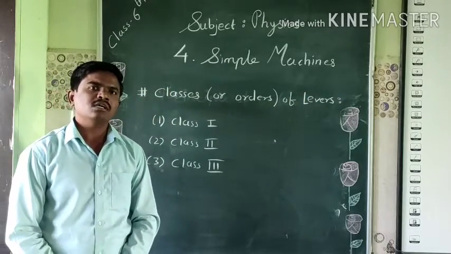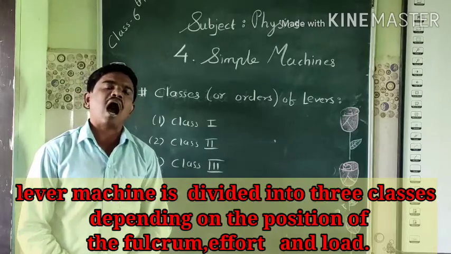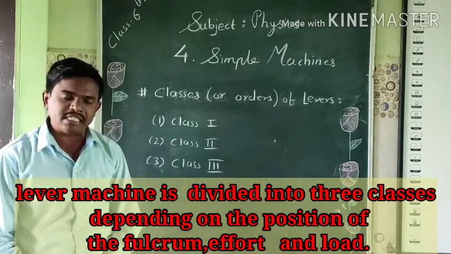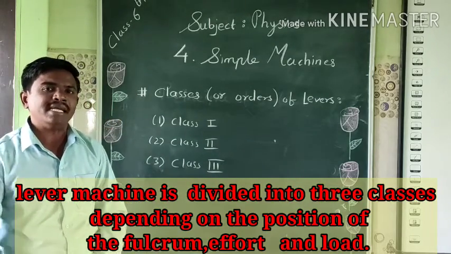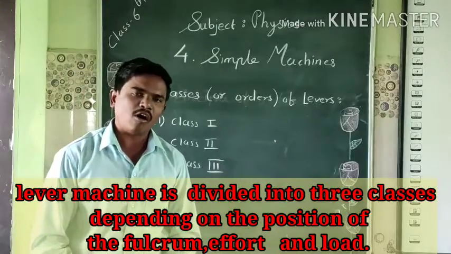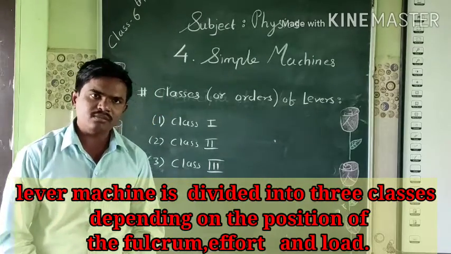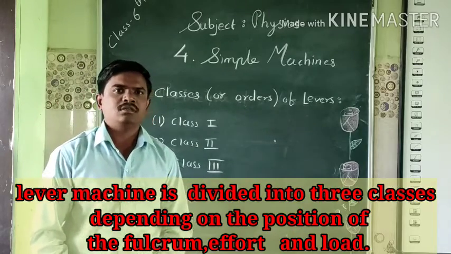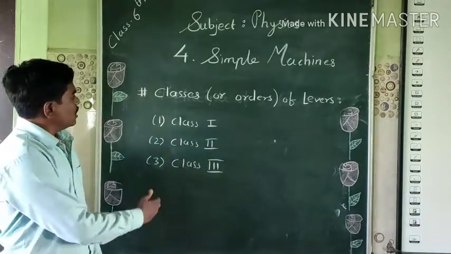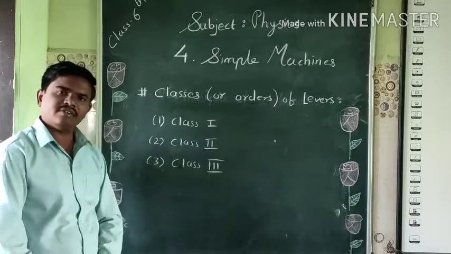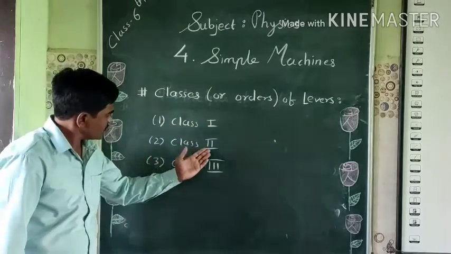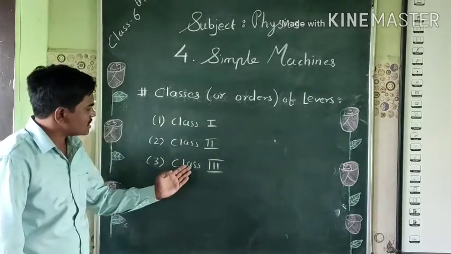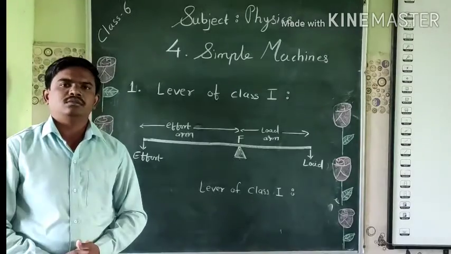So students, lever machines are divided into 3 classes depending upon the position of fulcrum, load and effort, and they are class first lever, class second lever and class third lever.